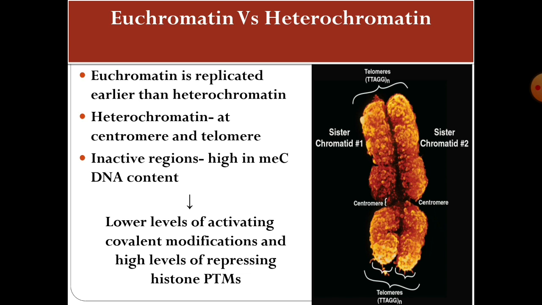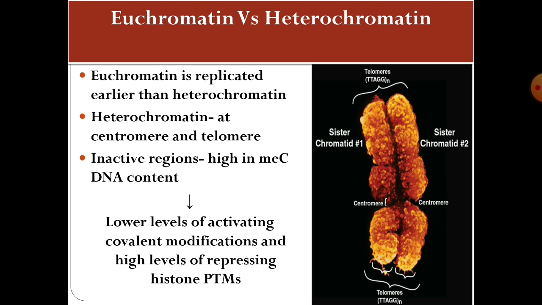So, these are the denser areas, and where it is a little sparse, a little loosely present, those are the euchromatins. The dense areas are the heterochromatins, and the sparse areas are the euchromatins, where different processes will take place.